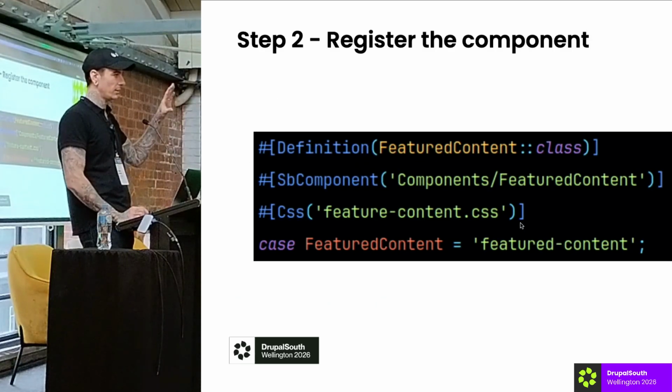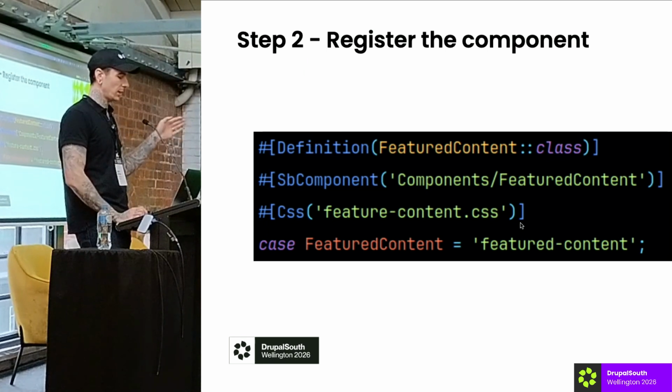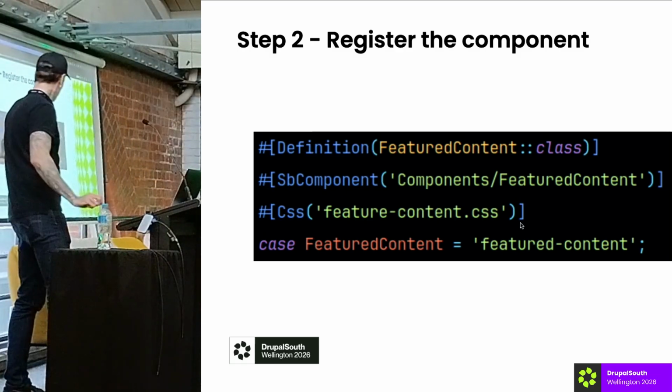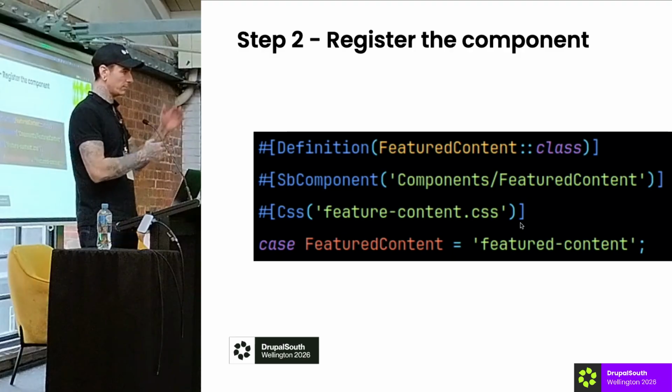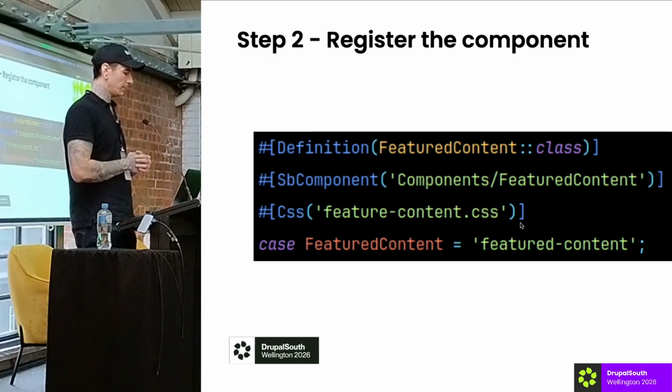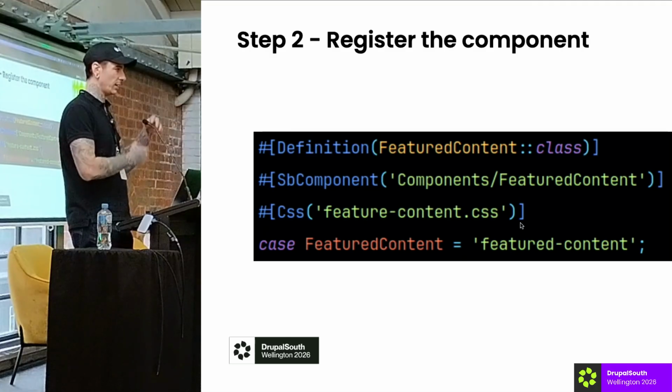So you have an enum in the Pinto namespace of any module you want. You can also have custom namespaces if you want. Each case on an enum maps to one single component. And then you can have logic in the enum for things like template discovery and stuff if you want.